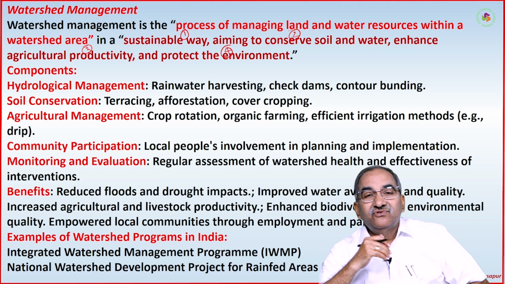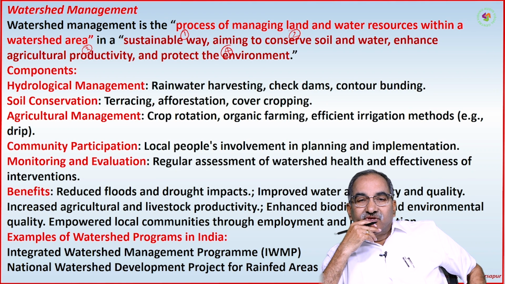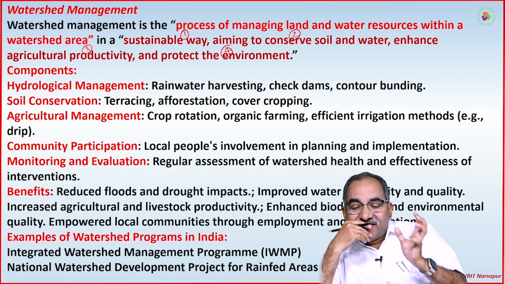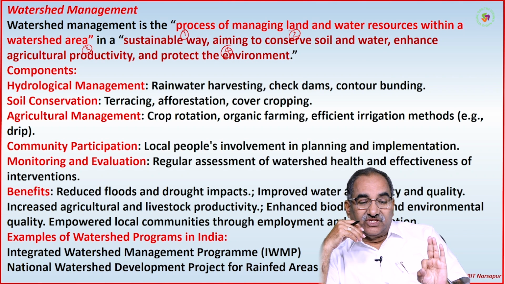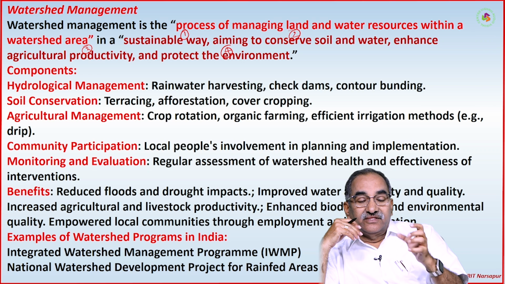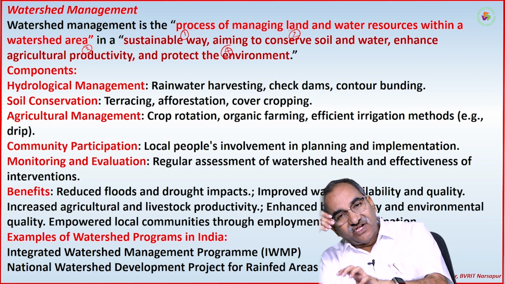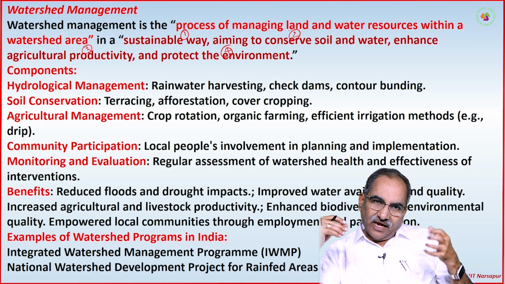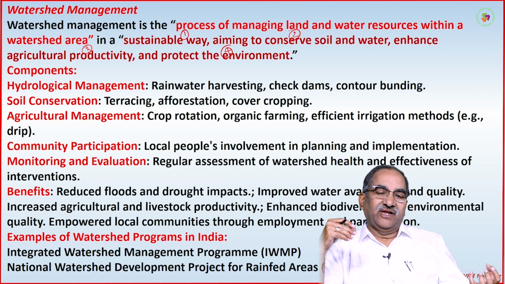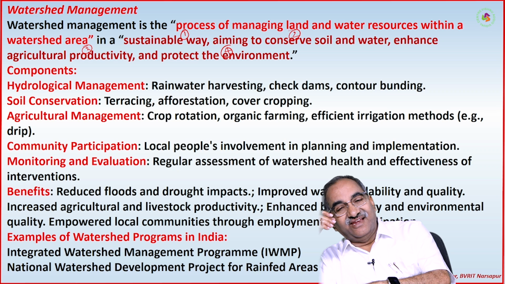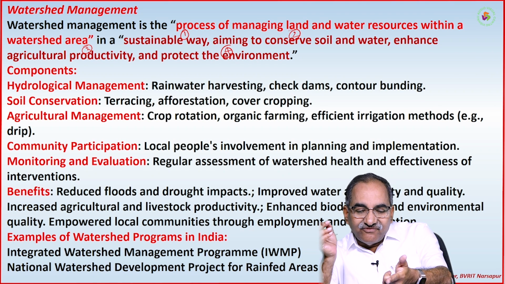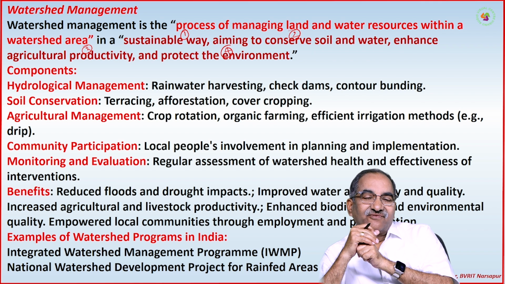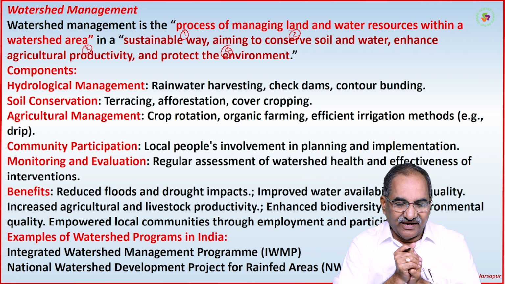So whatever you do in watershed management, you are always handling the land and the water resources with a view that they are dealt with in a sustainable way, aiming to conserve the soil and water, enhance agricultural productivity and protect the environment. Keeping these in mind, whatever you do is what we call watershed management.